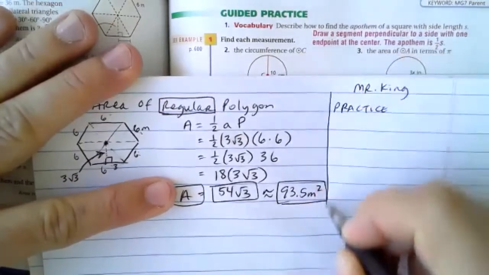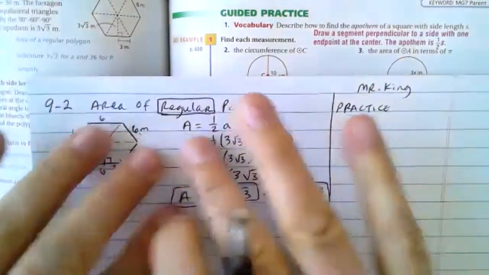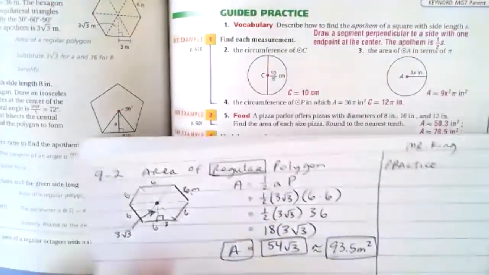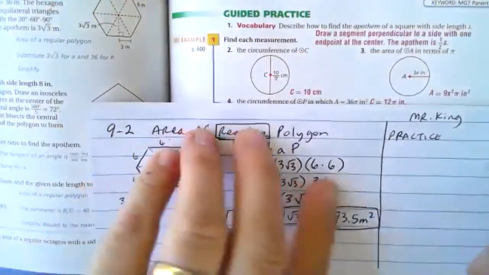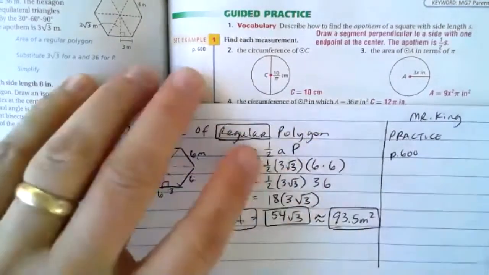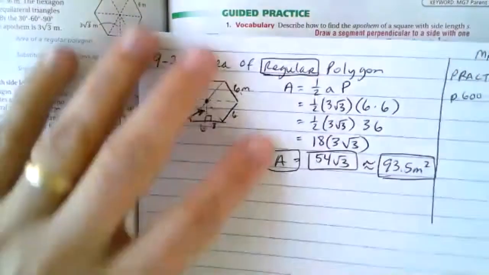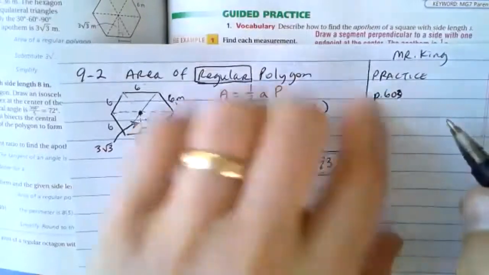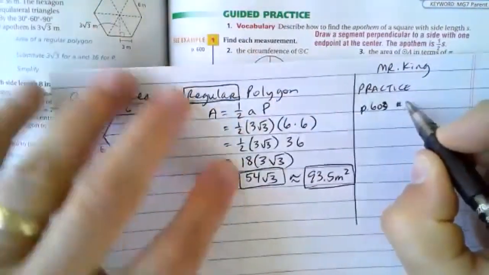I'm going to draw a line to separate the notes from the practice zone over here. And so we're going to go find number 1. This is on page 603.